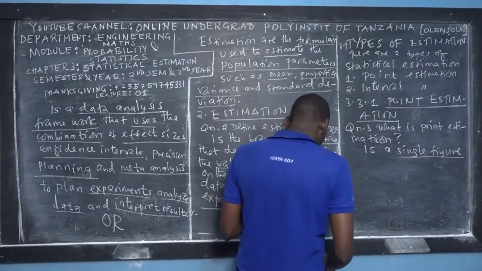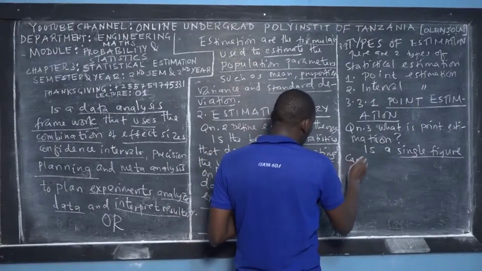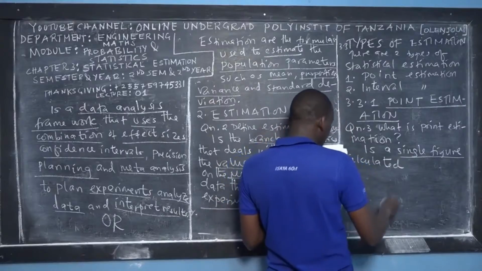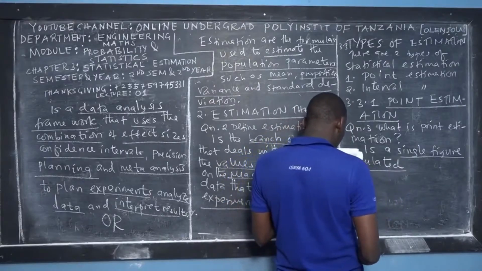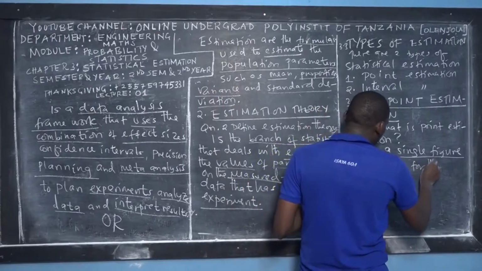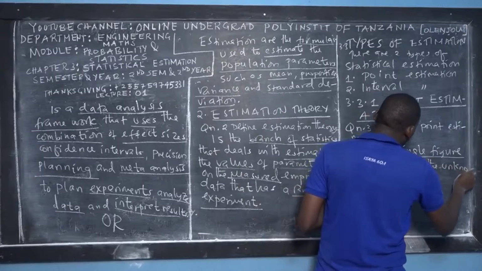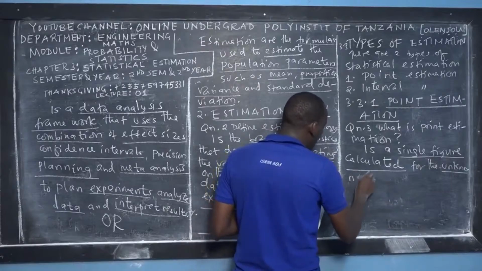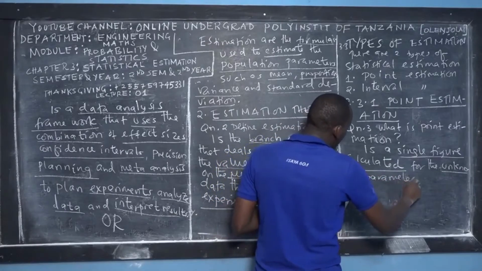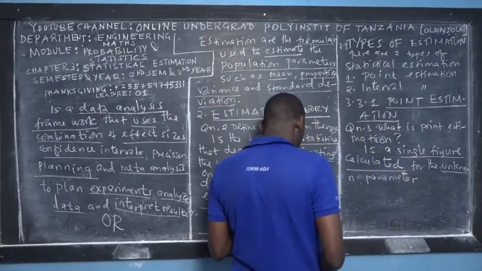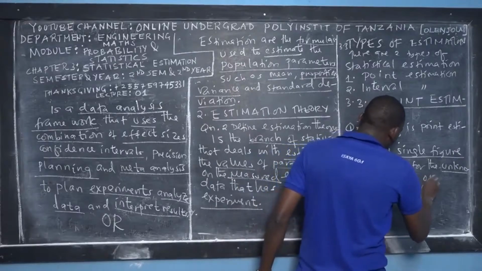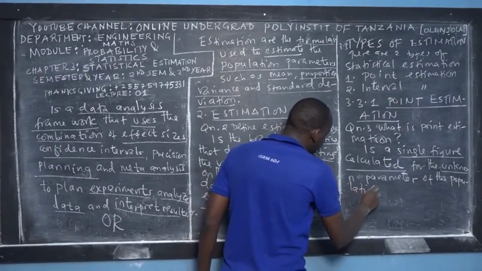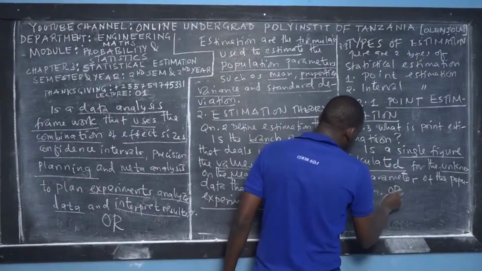It is a single figure calculated for the unknown parameter, such as mean, let's say variance, and so forth, of the population, whether finite or infinite population.